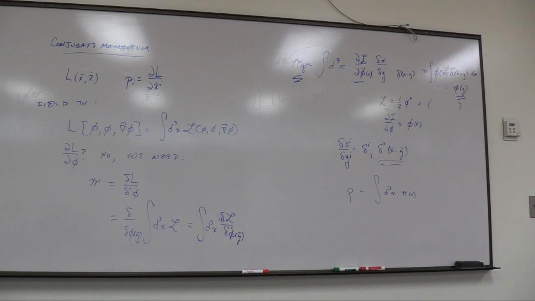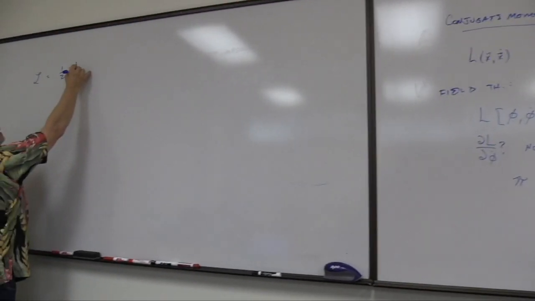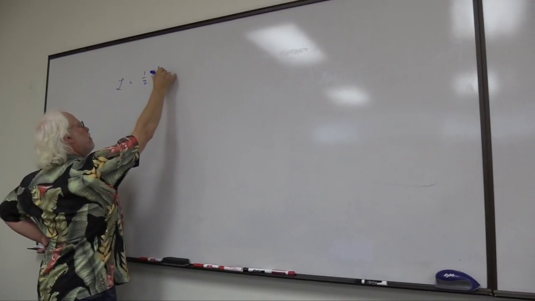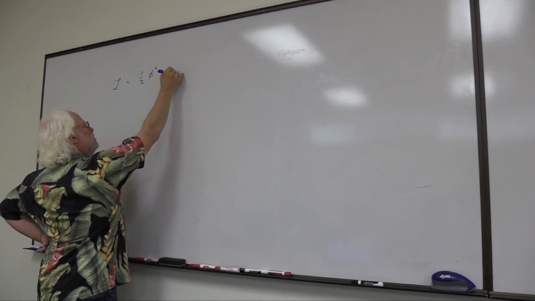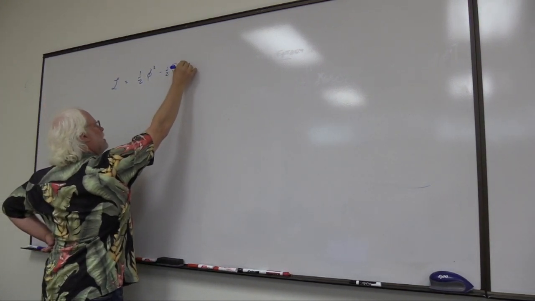Suppose our Lagrange density is massless Klein-Gordon. So we have a half phi dot squared minus a half grad phi dot grad phi.